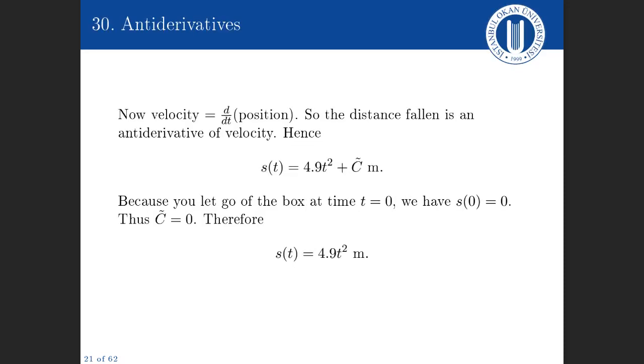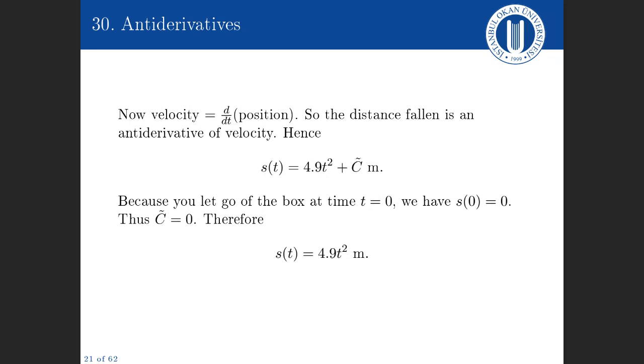Moving on, velocity means the derivative of position, or the derivative of the distance fallen. So saying that another way, the distance fallen is an antiderivative of the velocity. So we can take our formula for the velocity and write down the antiderivative.